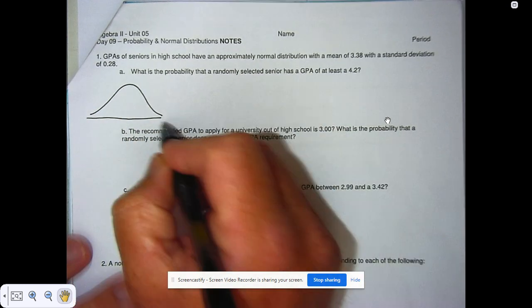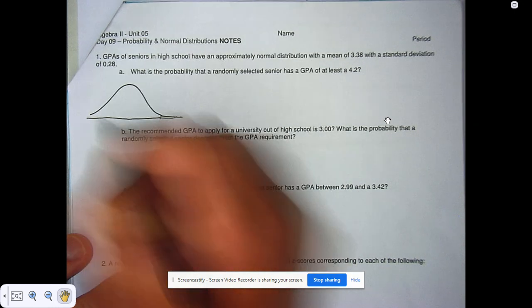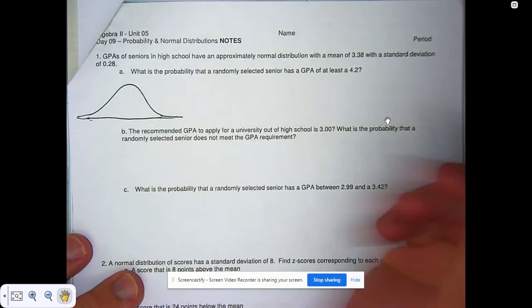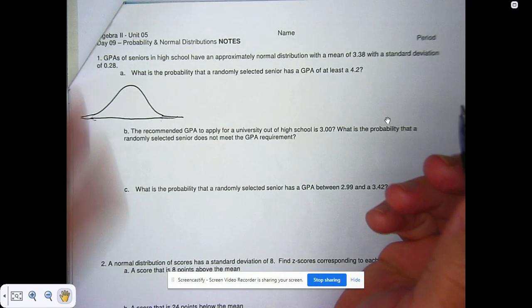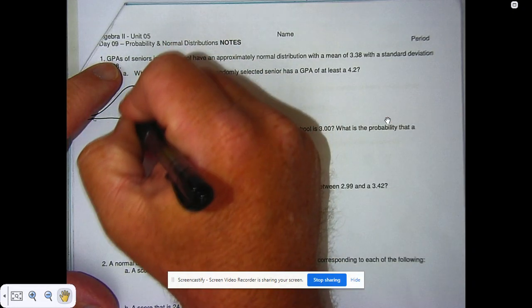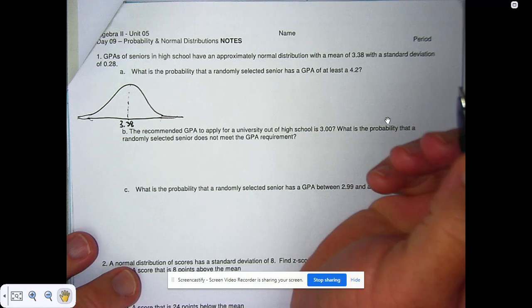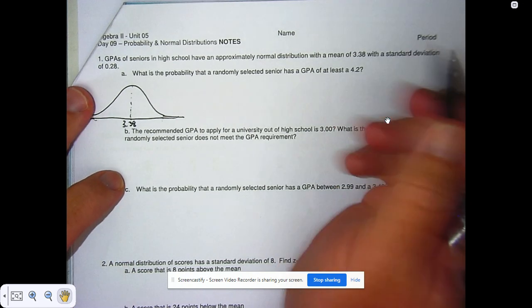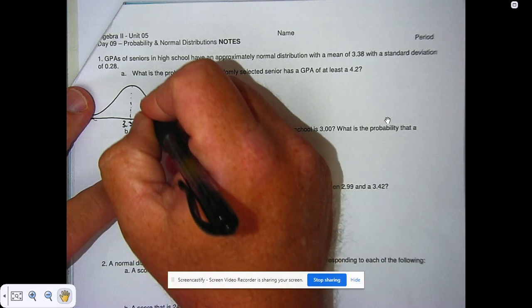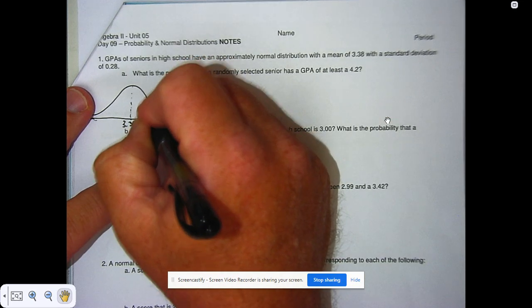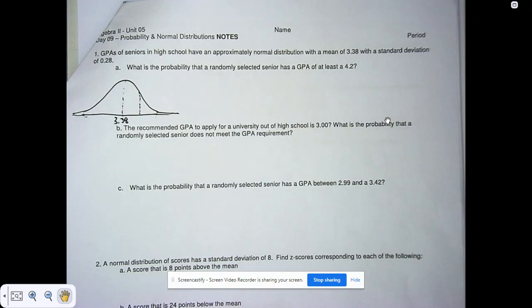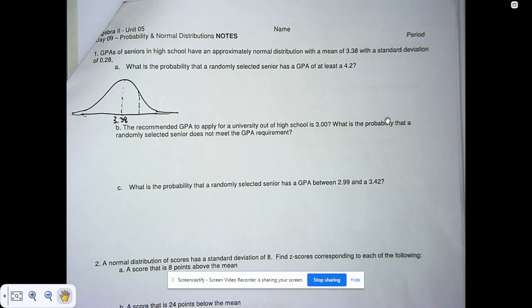And we might want to label it with our mean. 3.38 is going to be right there. And then our first standard deviation is going to be at 3.38 plus 0.28.